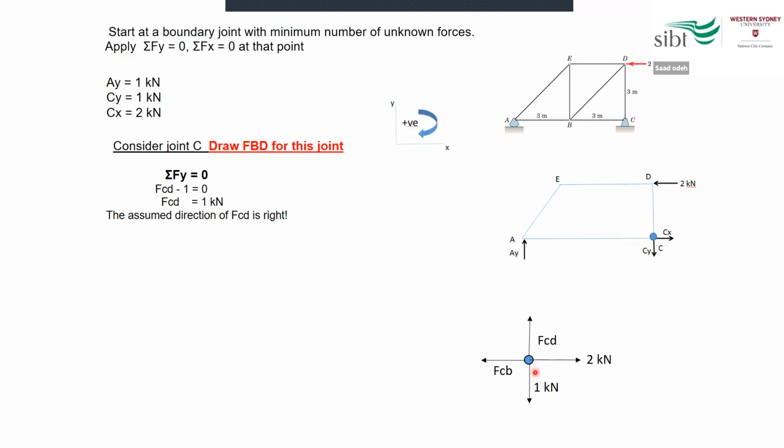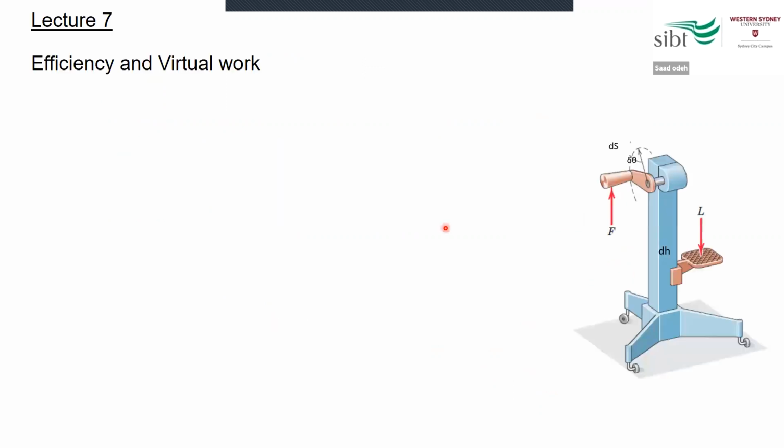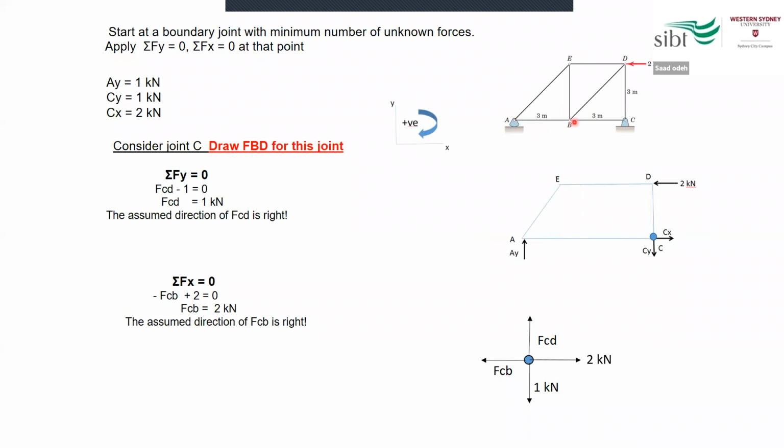So, for example, here for point C, we have a force for this beam, the force we found before, 2 kilonewton Cx, and the force of this beam here, which we call FCB, and a force downward, which is the 1 kilonewton we found before. When we do the summation of Fx and Fy, we can find the unknown forces. And then after we finish point C, we can go to other points along the structure, and we do it point by point.